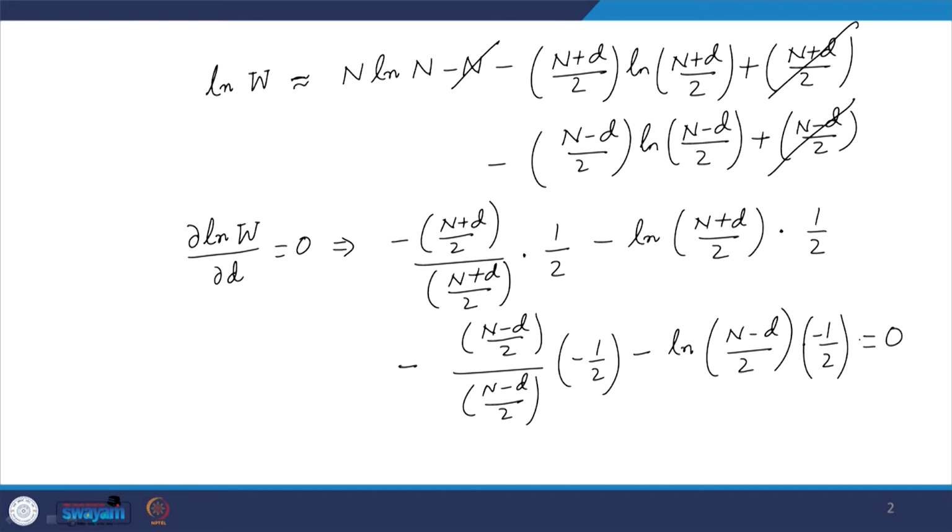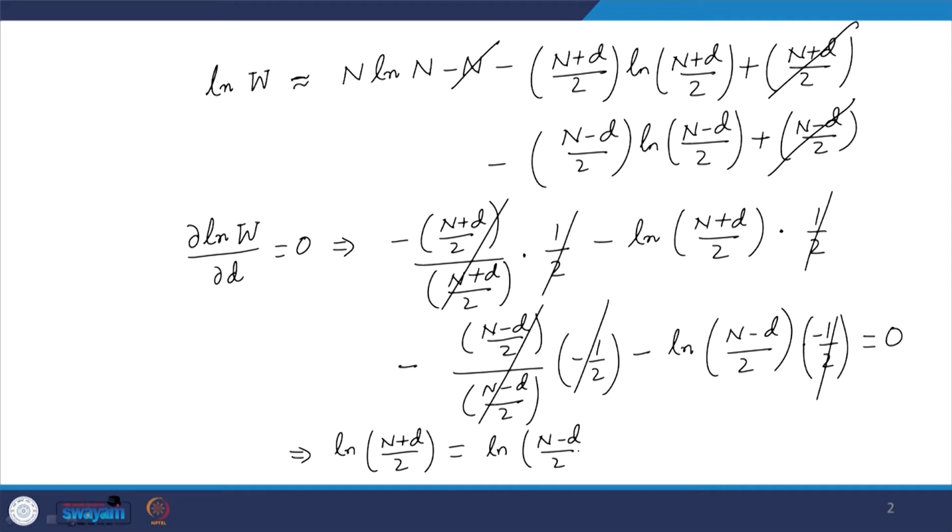Again there are certain cancellations. What we see first is that we have a plus minus half here and a plus half here, these two cancel out, and then the half cancels out because that is being equated to 0. So, what I essentially have is ln of (N plus d)/2 is equal to ln of (N minus d)/2.